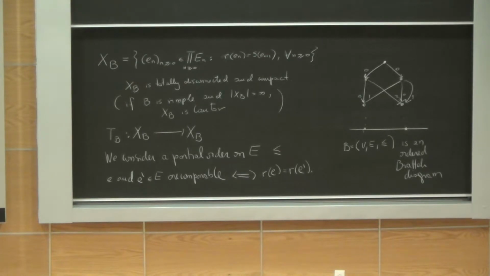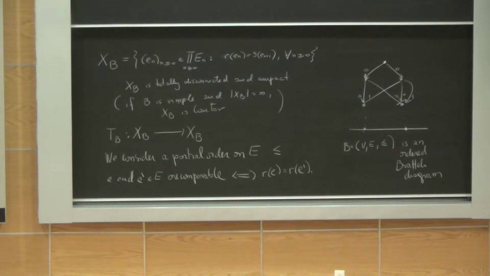And okay, it's not complicated to see, by the compactness of XB, that there are always elements in XB which are minimal, and there are always elements in XB which are maximal.